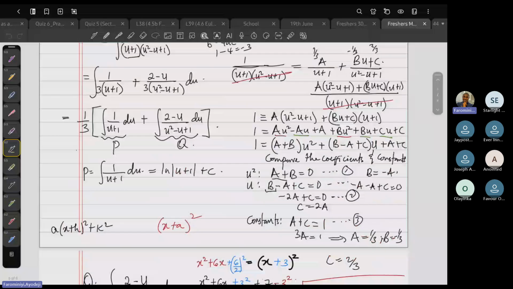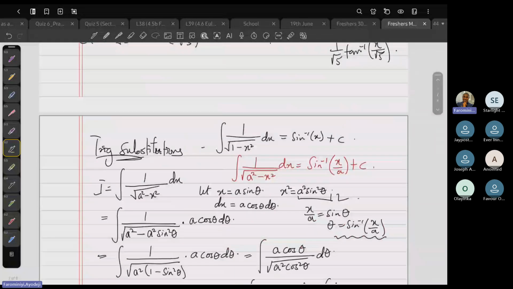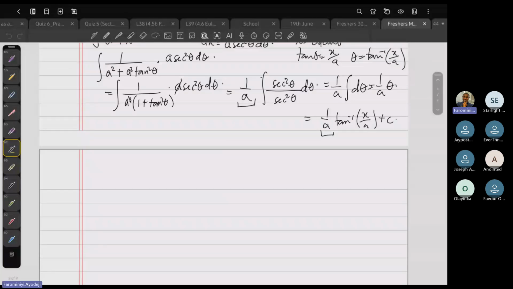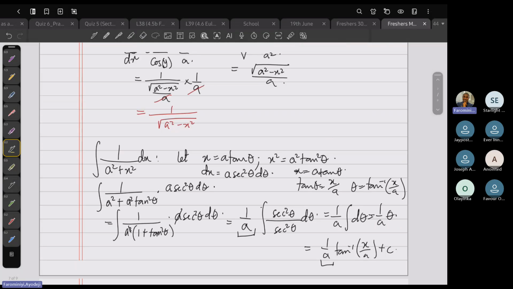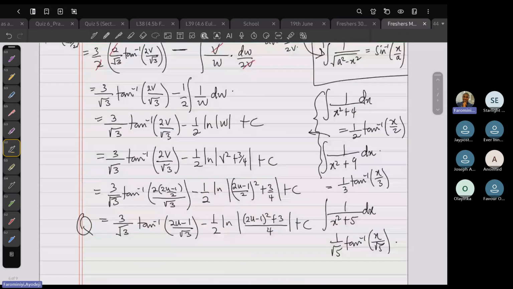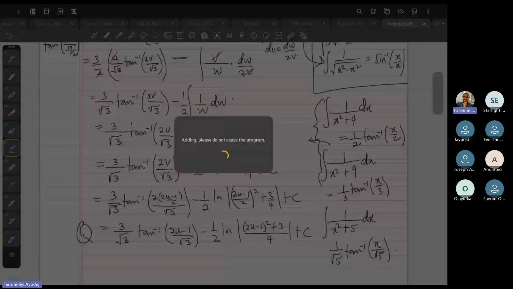So we want to do 1 over 3 into bracket P plus Q. What is P? Uh-oh, I've jumped a page. So it should be here instead.